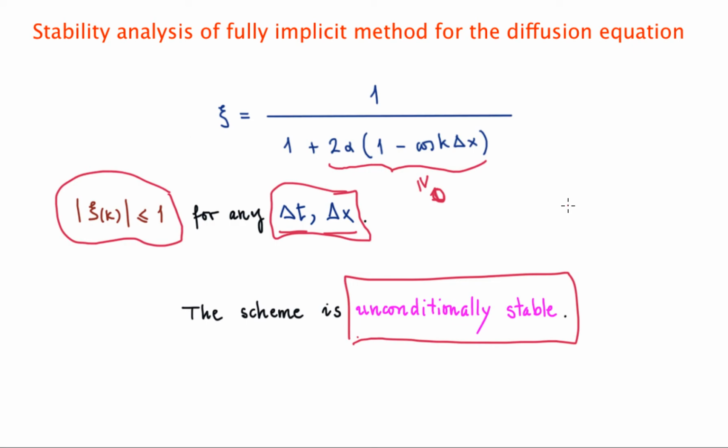Basically, the philosophy of that is that we are actually using the information from the same step that we want to evaluate. We're using information on the spatial derivative at the time step that we want to calculate. That's actually what makes this implicit method more stable than the explicit method.